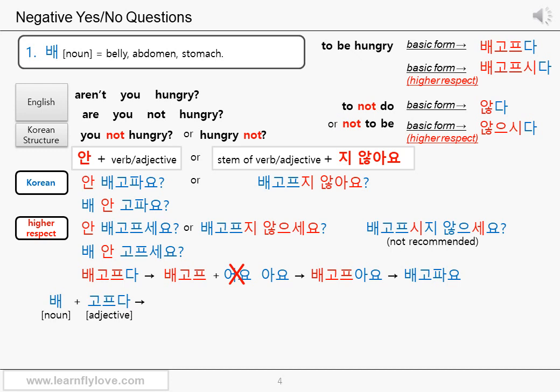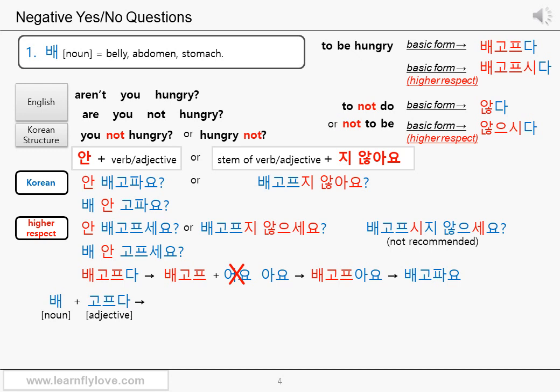And 추다 itself has the meaning of a verb to dance. So you can split 춤 from 추다. Remember? But the difference is we split 춤 from 추다 and used it as an object because 추다 was a verb. But 배고프다 is an adjective.